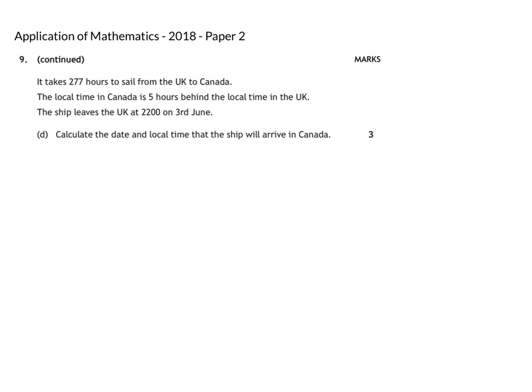Okay, so we start at 2200, 3rd of June. So we can work out in UK time when we get there. We've got 277 hours. So if we work that out into days and then what's left, if we divide it by 24, we get 11 full days.